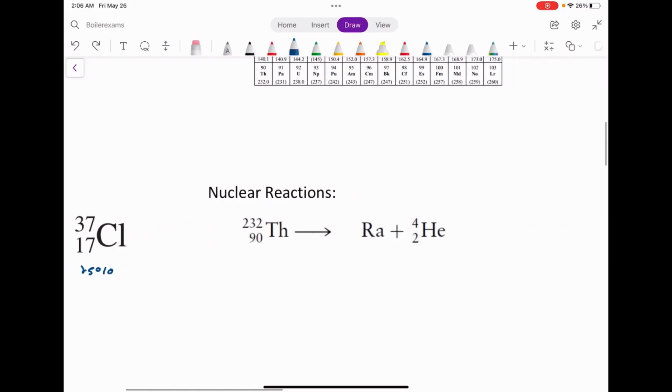We also can write nuclear reactions in this sense. Similar to how we write and balance chemical reactions, we can also balance nuclear reactions. So we can balance these top numbers as an individual reaction. Say this is X. I could do 232 equals X plus 4. So then what would that X be?